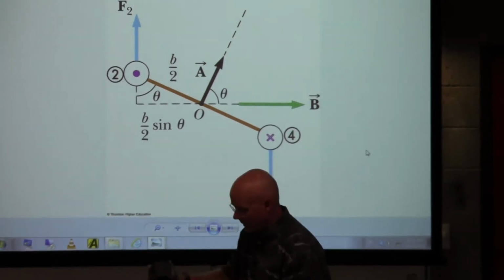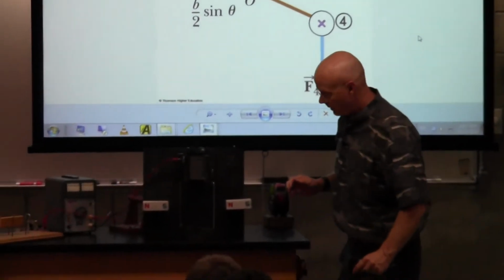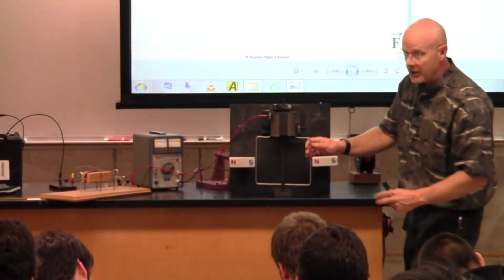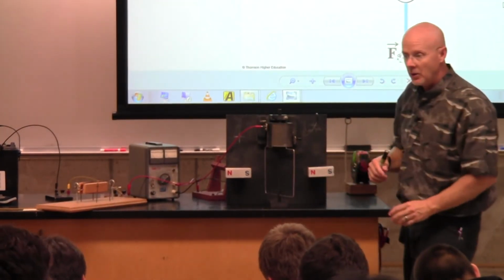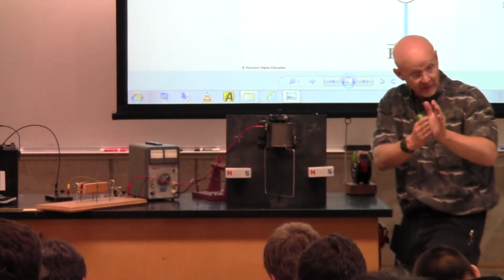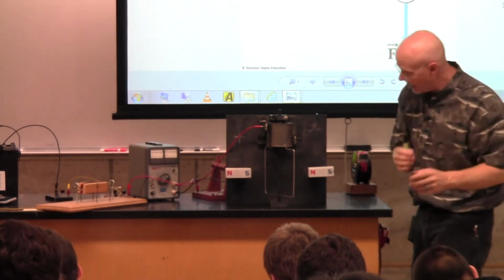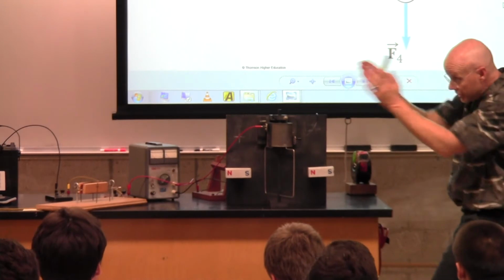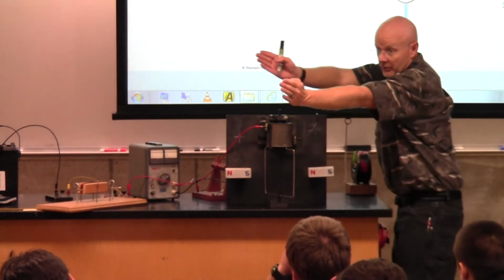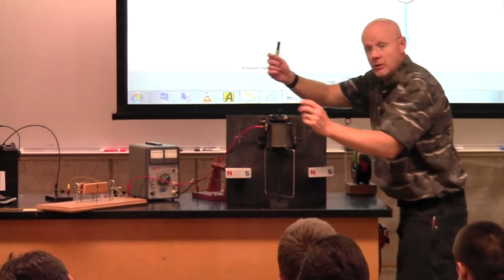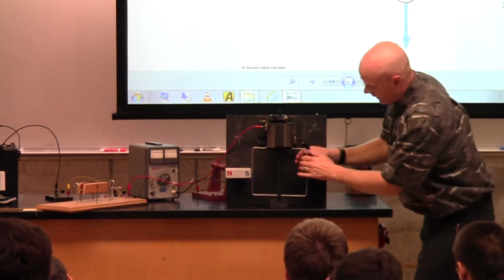Let me set this up again. Here's where we're starting. When it rotates to here, we are really talking about how much of an angle did it rotate. We're talking about the angle between the magnetic field, which is going this way, and the normal vector, which is now here.